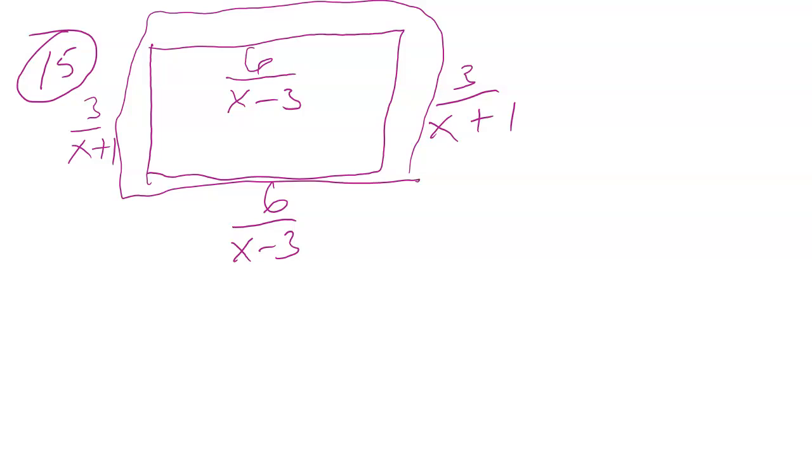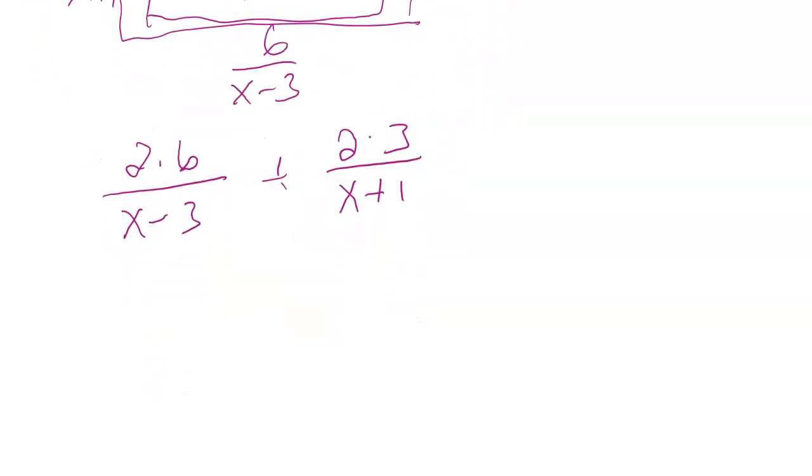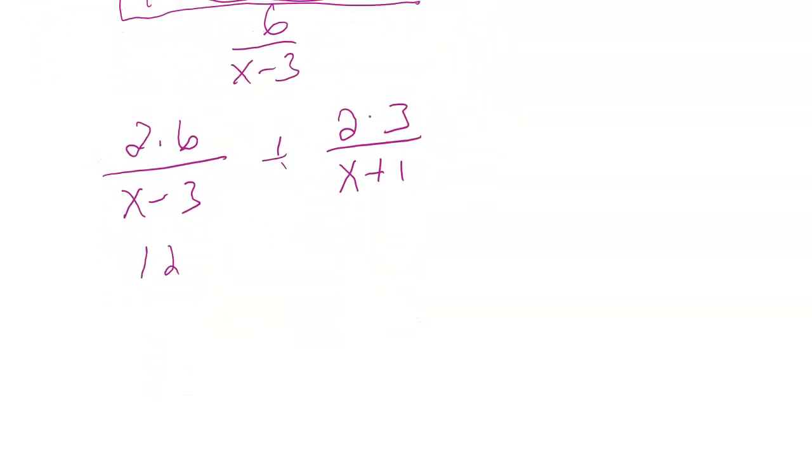So I'm going to shortcut it because we really have 2 times 6 over x minus 3, we have 2 of those, plus we have 2 times 3 over x plus 1. This is 12 over x minus 3 plus 6 over x plus 1.